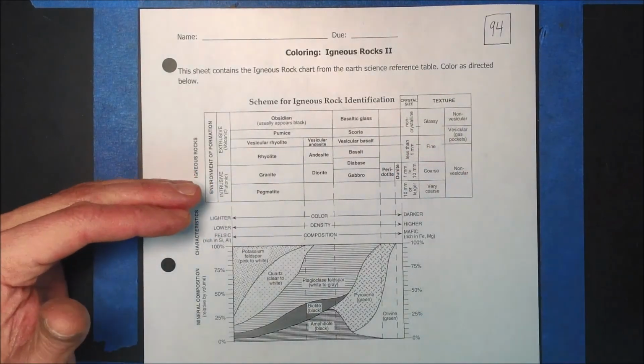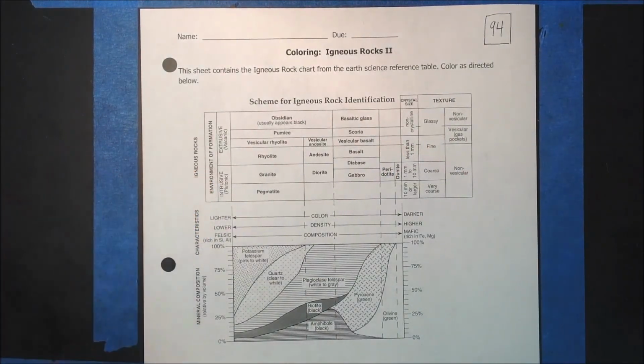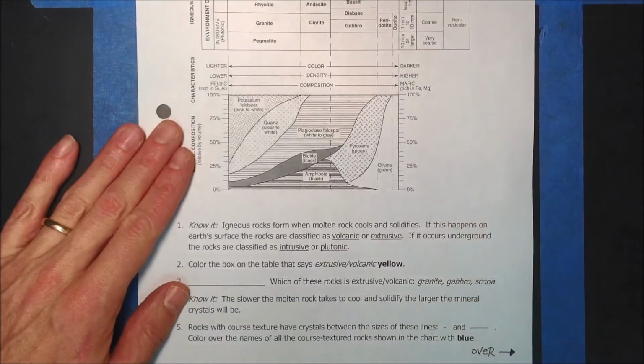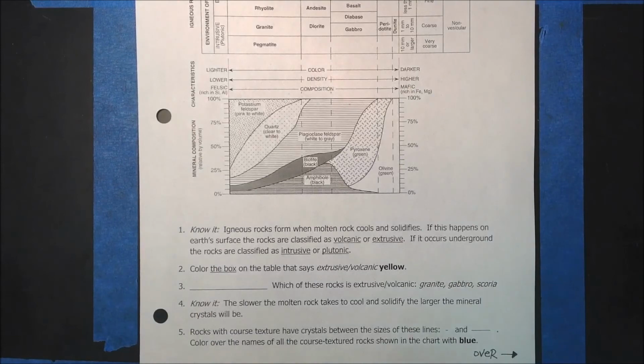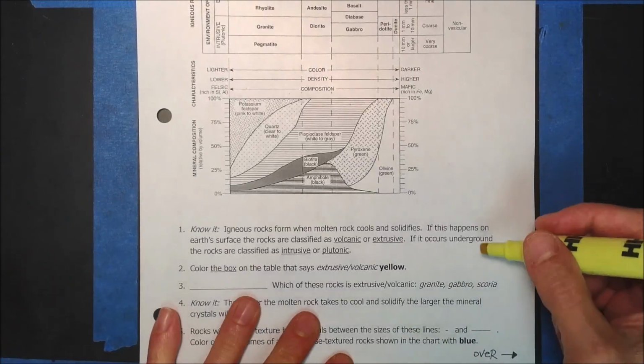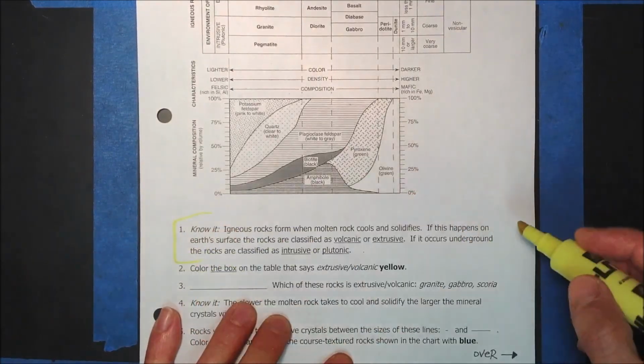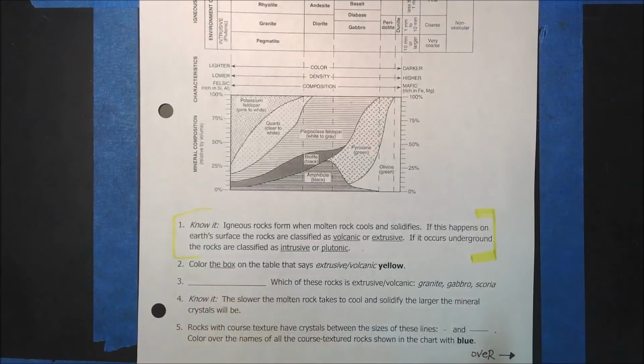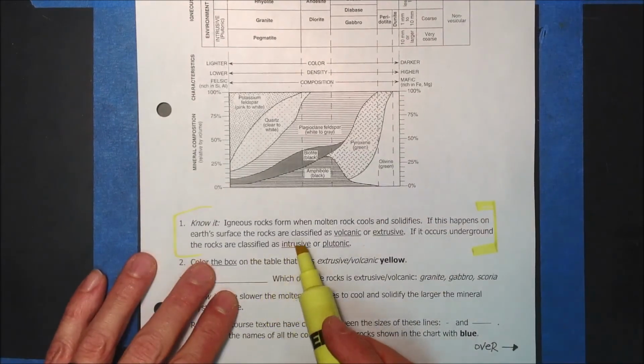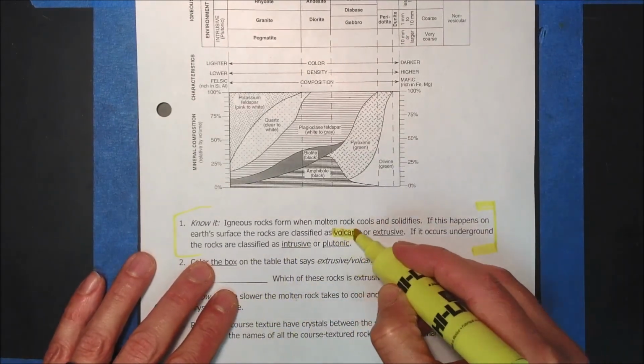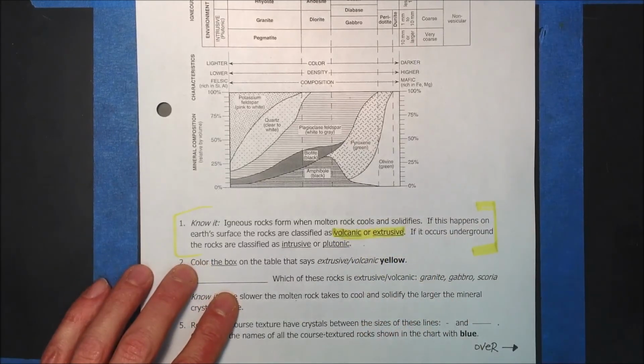So, some keywords you're going to be interested in knowing. Know it. Igneous rock forms when molten rock cools and solidifies. Molten rock is liquid rock. If this happens on Earth's surface, the rocks are classified as volcanic or extrusive.